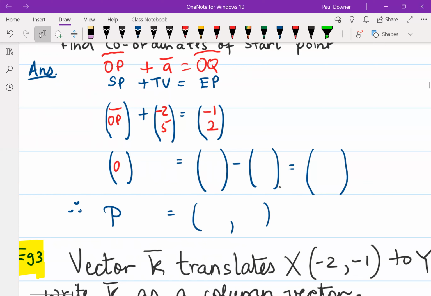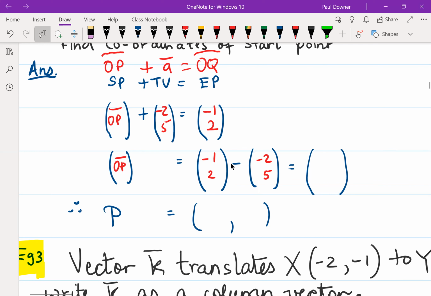OP can be found by taking the (-2, 5) and bringing it over to the other side and changing the sign. Or some people say subtract the vector (-2, 5) from the left and do the same thing on the right. So you're still going to have the (-1, 2) here, but on this side you're going to be subtracting (-2, 5). Let's go through that process. This minus 1 minus this minus 2 is the same thing as minus 1 plus 2, because minus minus is a plus.